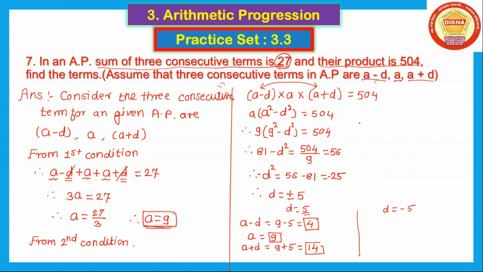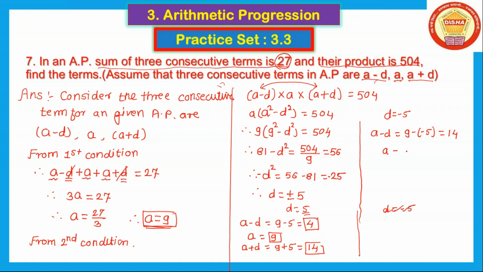Then again we solve here by taking the same value as D is equal to negative 5. Then we again find A minus D. A is equal to 9, 9 minus negative 5, which is equal to 14.